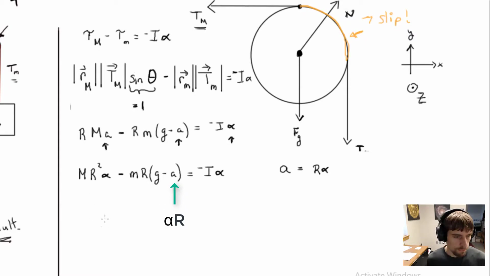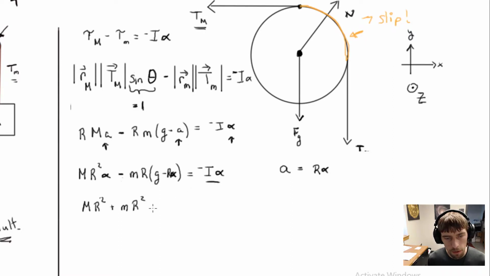Got it. I'll go ahead, let's move it over here. I have big M R squared. I have a minus, oops, excuse me, I forgot the substitution there. Minus minus, so I get a plus little m R squared.